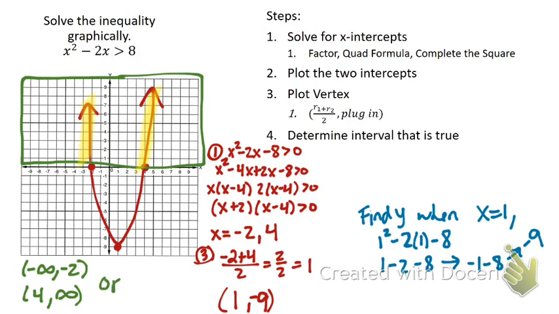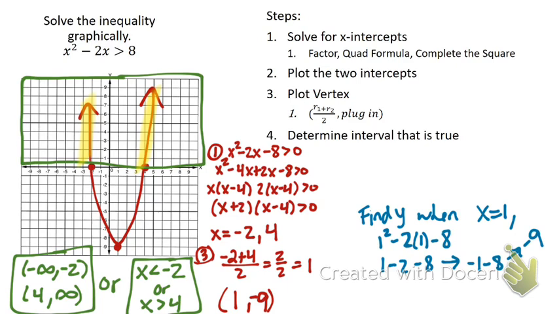Another way to write it would be when x is less than -2 or when x is greater than 4. So the answers you can write like this or like this, either one.